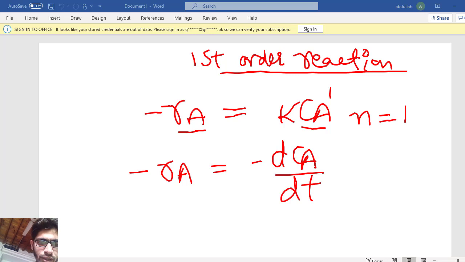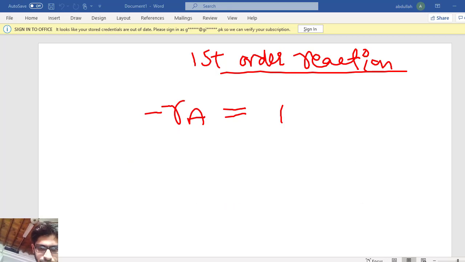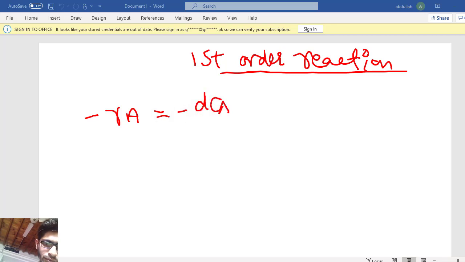It is the rate of reaction with respect to component A, and for a first order reaction the rate is equal to k CA. So the rate is equal to minus dCA divided by dt, which is equal to k CA.